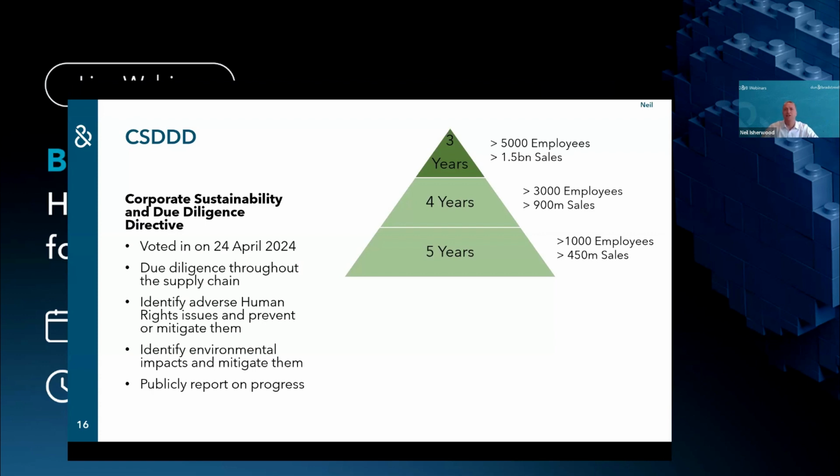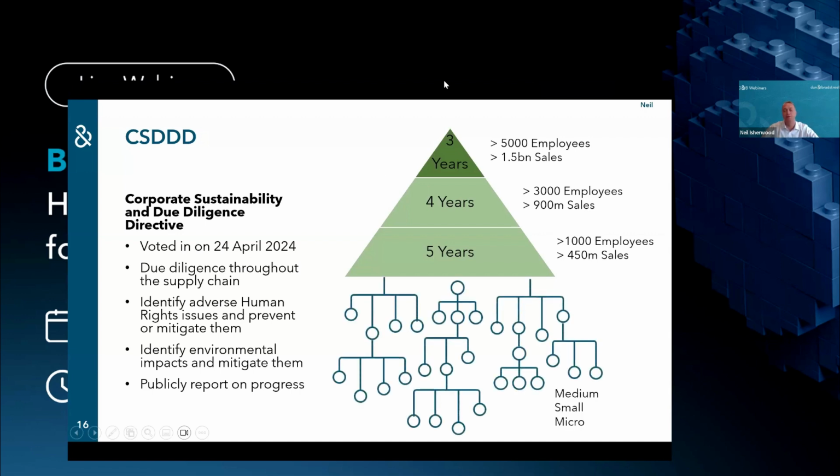So at first glance, you might think this won't impact you, unless, of course, you fall into one of these categories. But we've got to remember that although this act applies to the larger companies, their supply chains will flow down into a number of medium, small, and even micro businesses. And obviously those supply chains can go anywhere in the world.